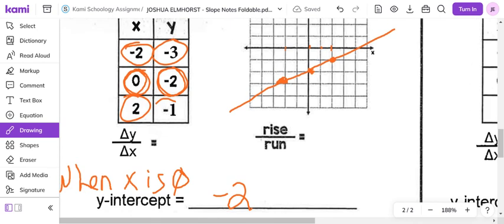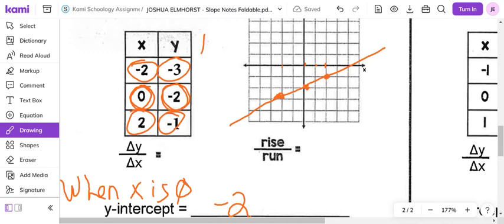And if we go from point to point, we're looking for the change. How is y changing compared to how is x changing? So the change in y from -3 to -2 is going up 1. From -2 to -1, it's going up 1. And then from -2 to 2, it's going up 2.